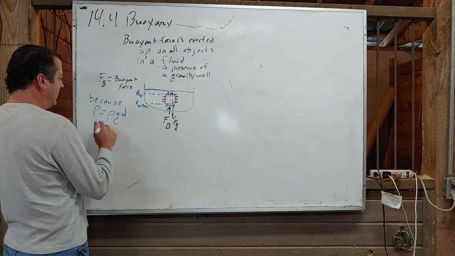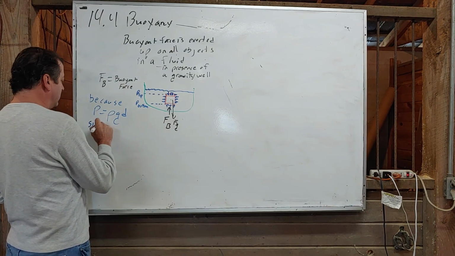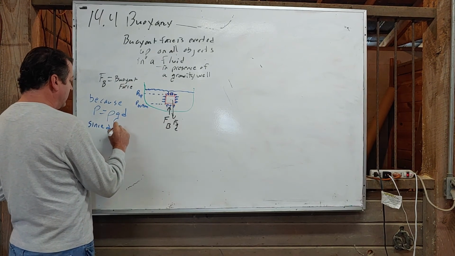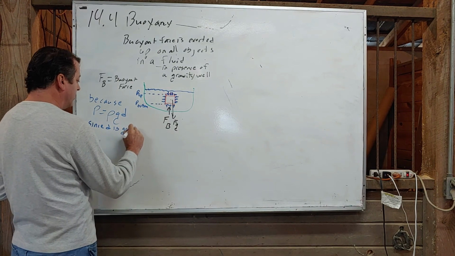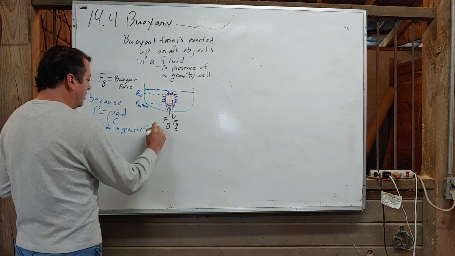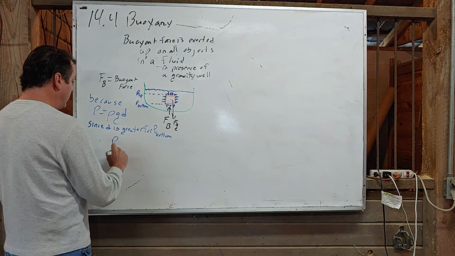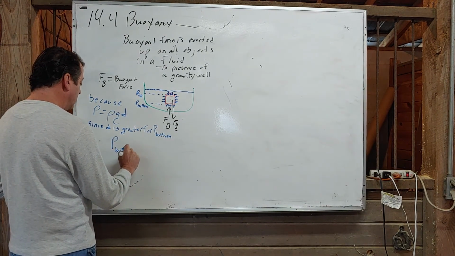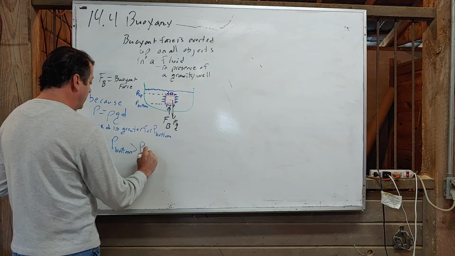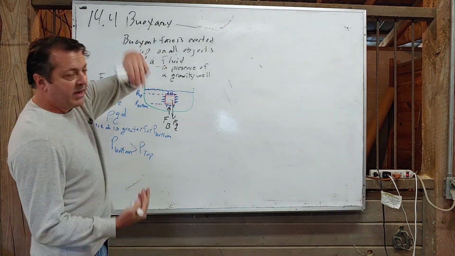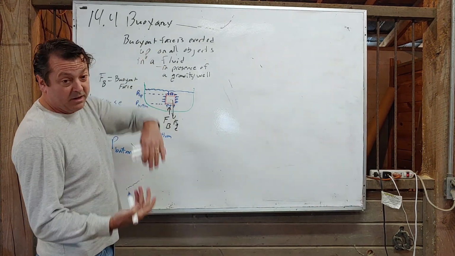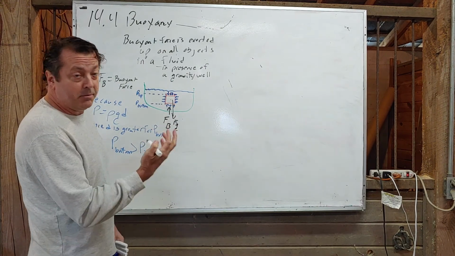So that tells you then, since d is greater for pressure at the bottom, it's deeper. Pressure at the bottom is greater than pressure at the top. So these vectors add together, there's some left over on the bottom still pushing up.